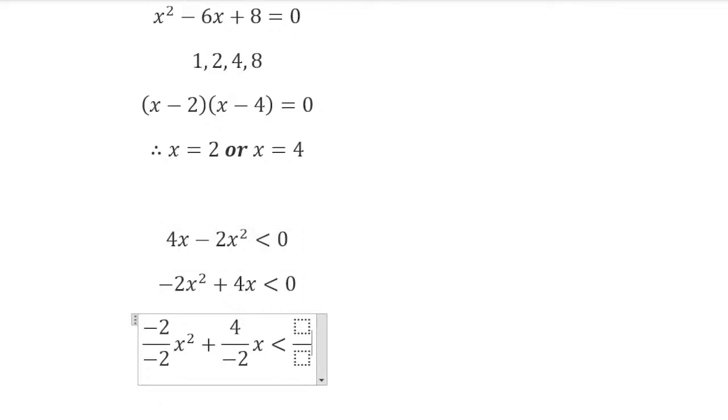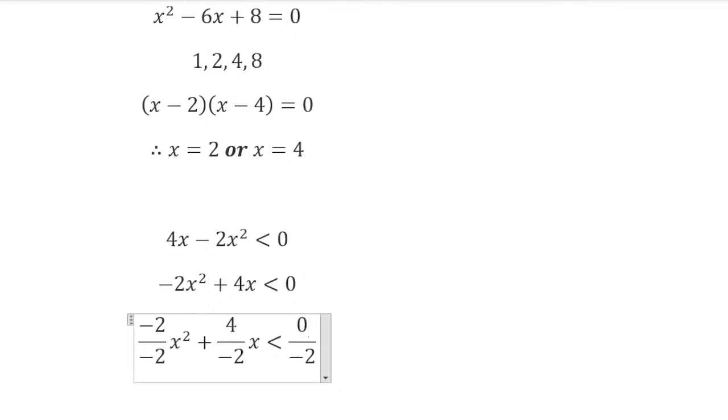So remember, whatever you do on the left hand side, you must do on the right hand side. It's a law. So here we are removing the coefficient of x squared. So we are dividing throughout the whole equation. The coefficient of x squared is negative 2, so we're dividing each term by negative 2.